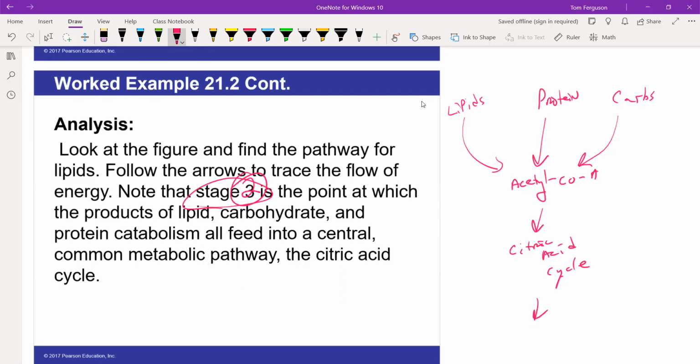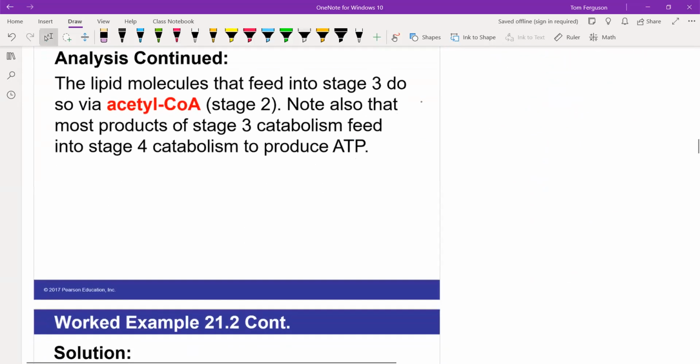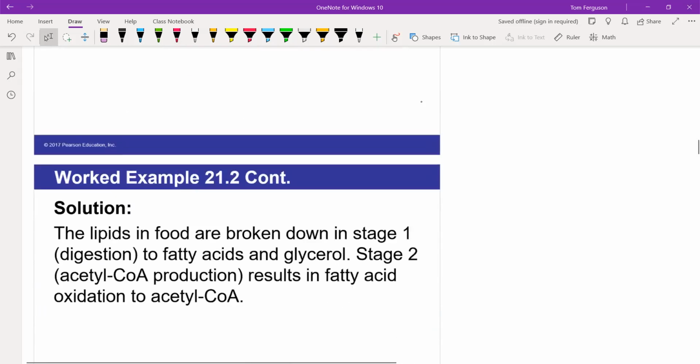And then that goes to electron transport. So everything's funneled to get to this acetyl-CoA. And from there, it goes into citric acid, and then from there, electron transport. Yeah, so it's a citric acid cycle.